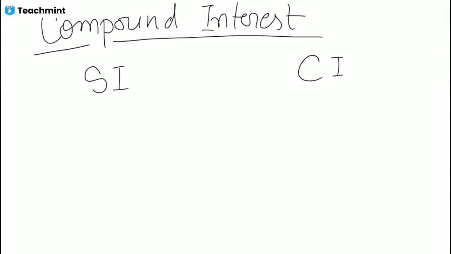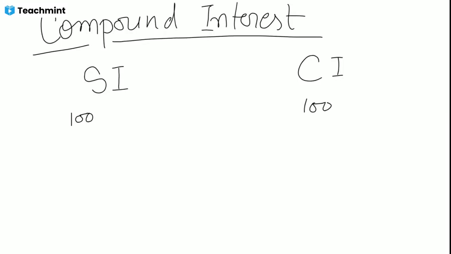If we deposit 100 rupees at 10% rate of interest, in SI and in CI, after 1 year the interest will be 10 rupees in both. But at the end of the second year, in SI we again get 10 rupees, because in SI the principal stays the same.